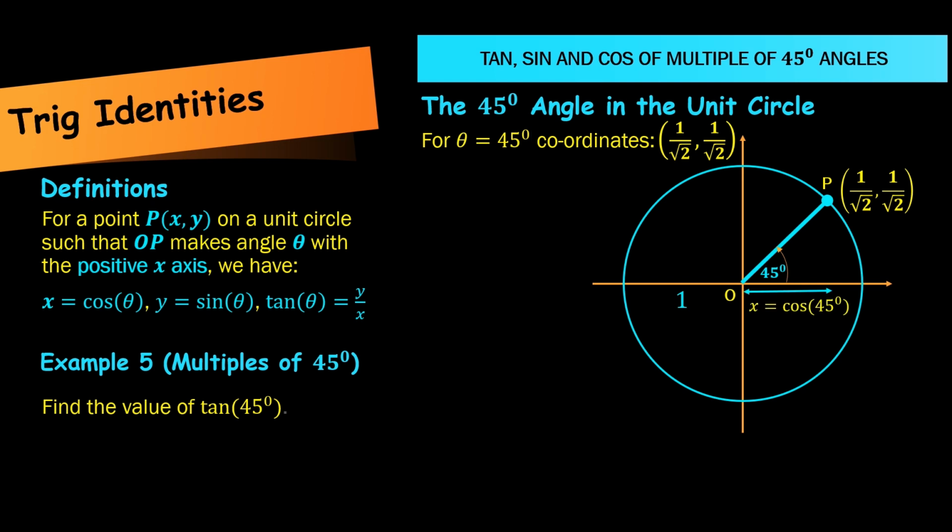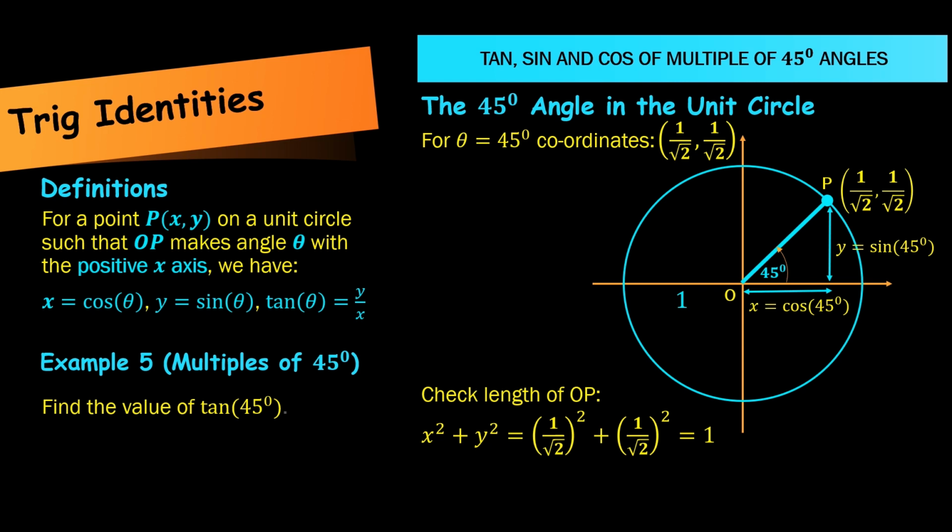Here's x equals cos 45 degrees, and here's y equals sine 45 degrees. We can check the length of OP, and that indeed x squared plus y squared is equal to 1 over root 2 all squared plus 1 over root 2 all squared equals 1 by Pythagoras. So these are indeed the correct coordinates.